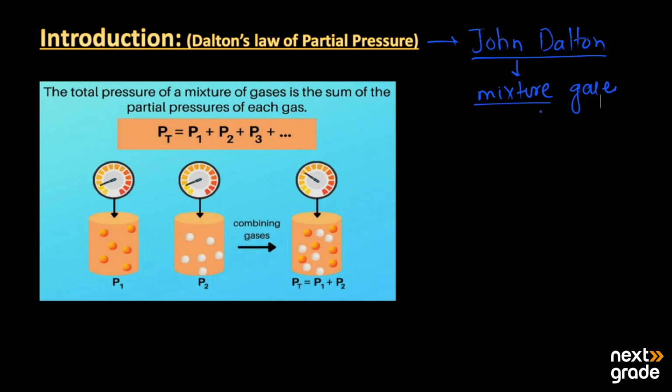According to this law, the definition is: the total pressure of a mixture of gases is the sum of the partial pressure of each gas.